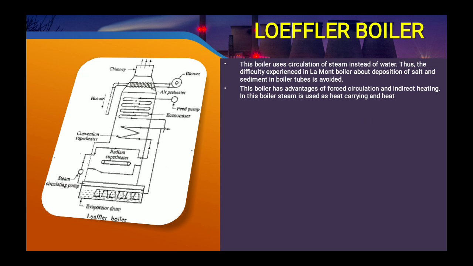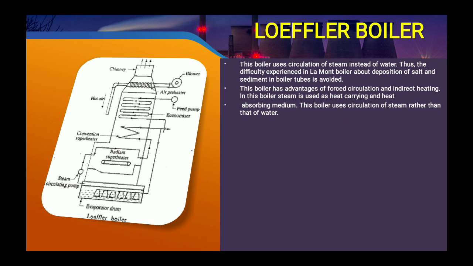Now this boiler has the advantage of forced circulation and indirect heating. In this boiler, steam is used as the heat carrying and heat absorbing medium. That means there is a better advantage of forced circulation and indirect heating. The steam which is passing through the tube carries the heat as the absorbing medium.